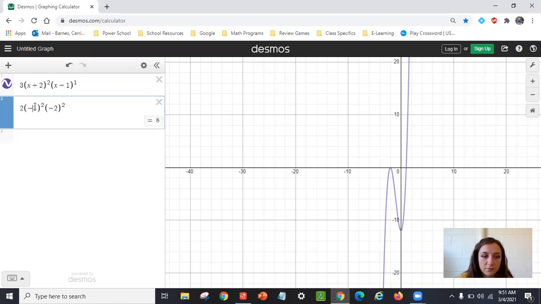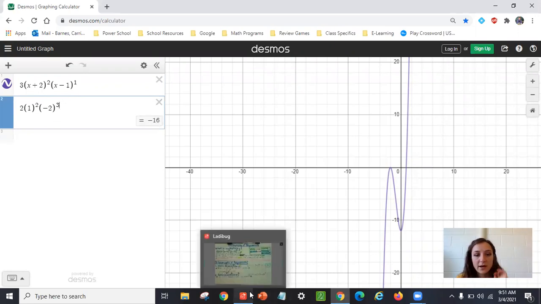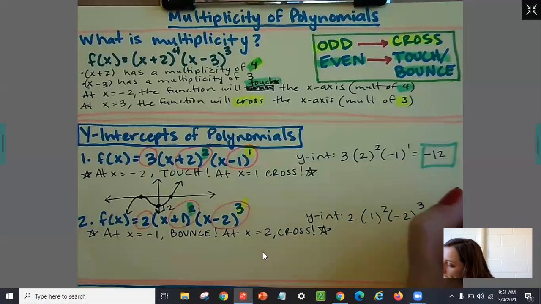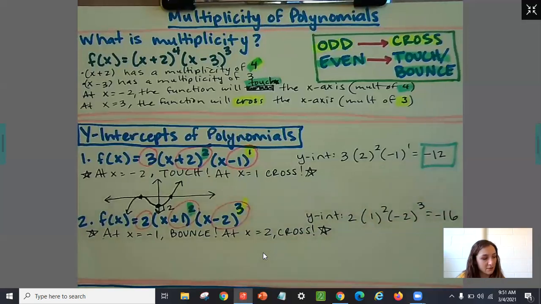Okay, so this is going to give us -16. All right, that's going to be at -16.